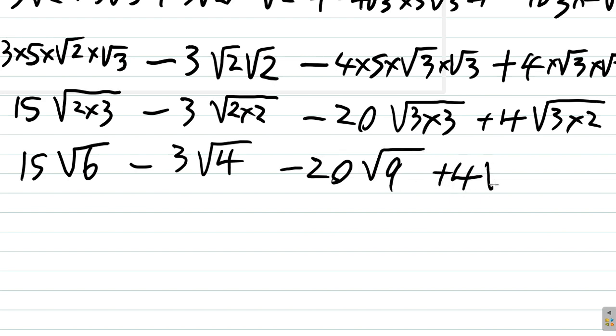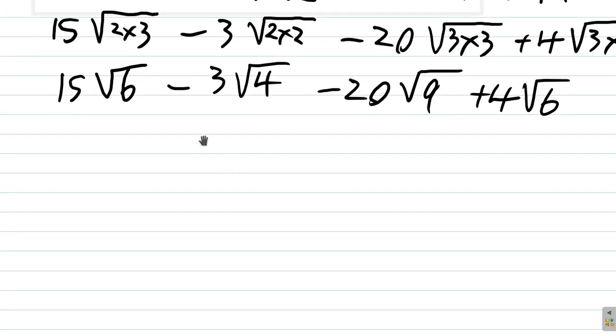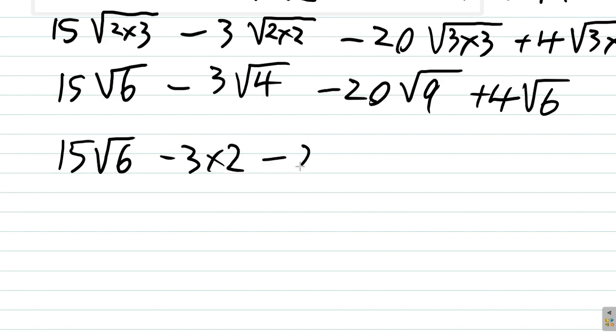Plus 4 square root of 3 times 2 is 6. See that? So now what we have is 15 square root of 6 minus 3 times square root of 4, which is 2, minus 20 times the square root of 9, which is 3, plus 4 square root of 6.